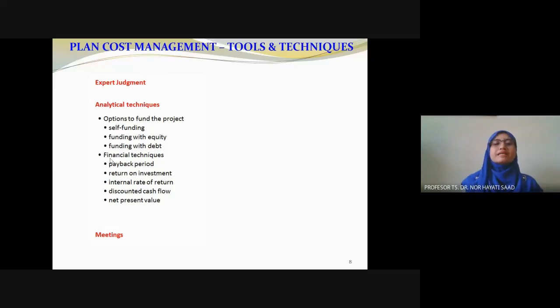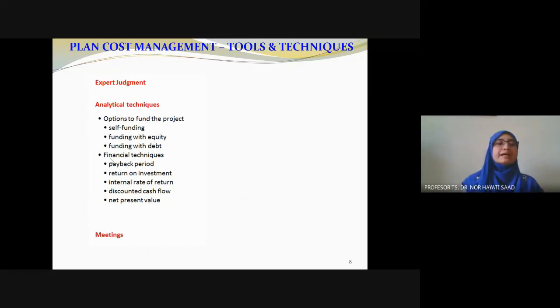Funding with equity: they may have some bonds or some capital or assets which can be equivalent to equity, which they can put in a bank, for example, and that money can be used to fund the project.